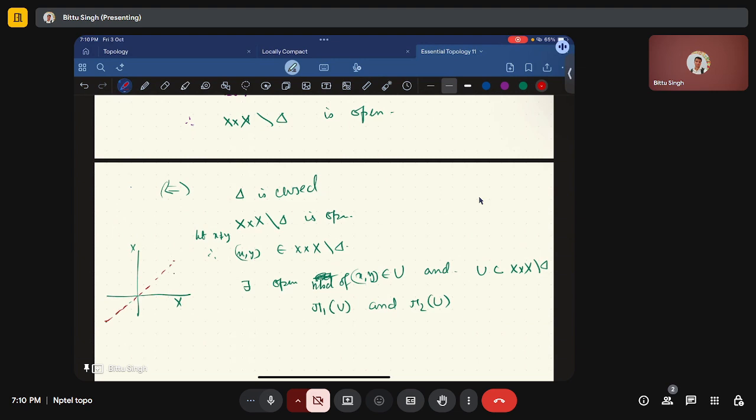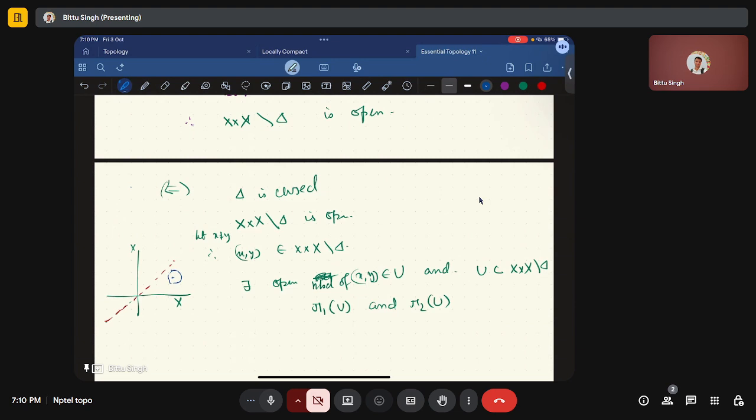So we have chosen a point x not equal to y, and by openness there exists a neighborhood which does not intersect the line, right?